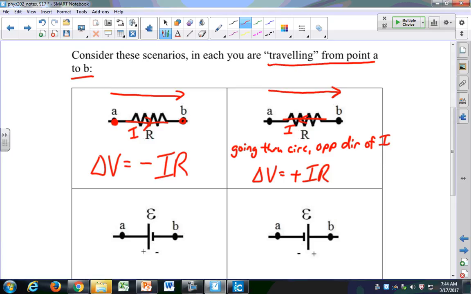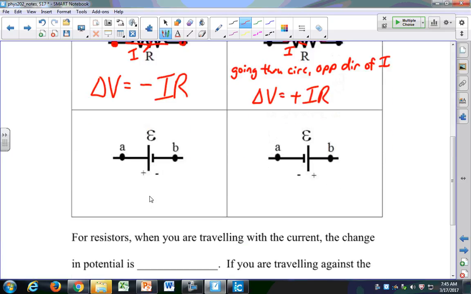And then for batteries, if I go from A to B still, let's say I do right here, I'm going from this to this direction, so I'm traveling in this direction. In this case, the direction of the current is irrelevant. All right, so in that case, the battery does what it's supposed to do.